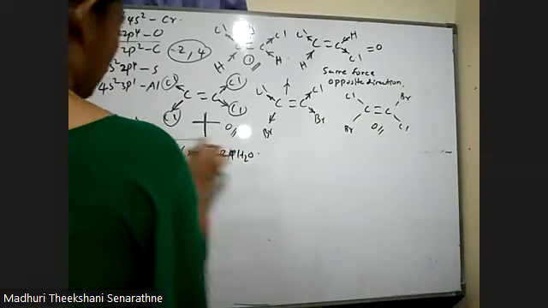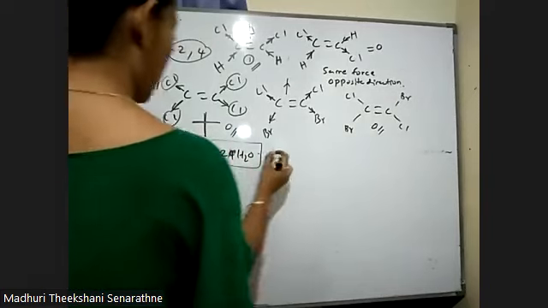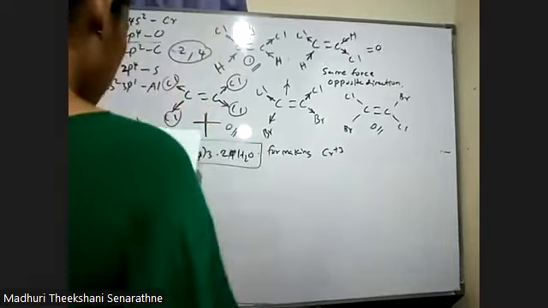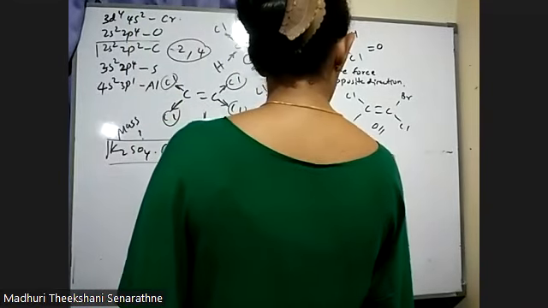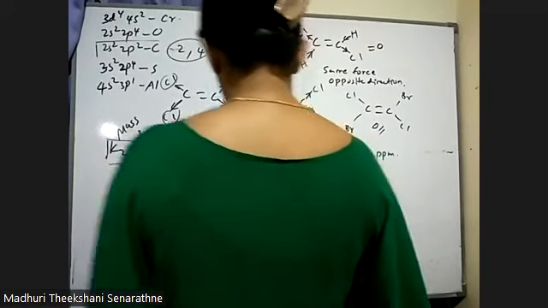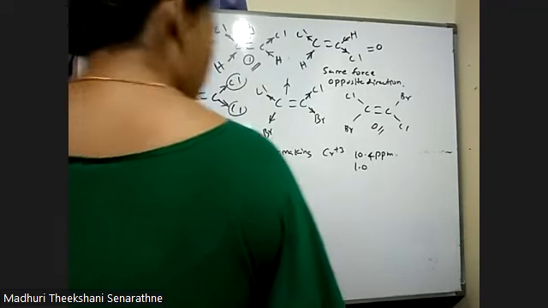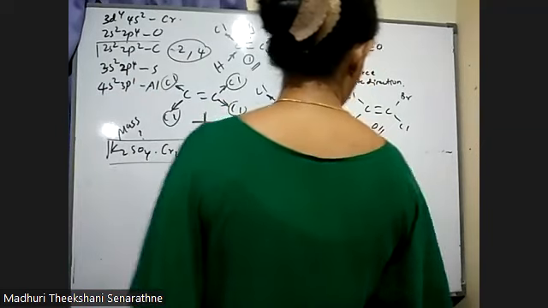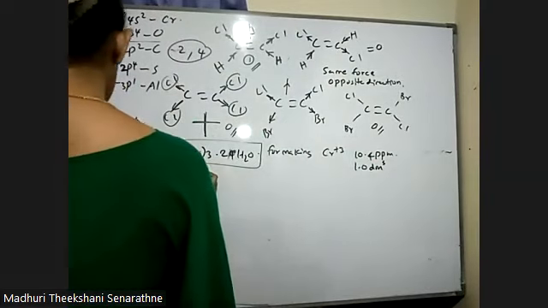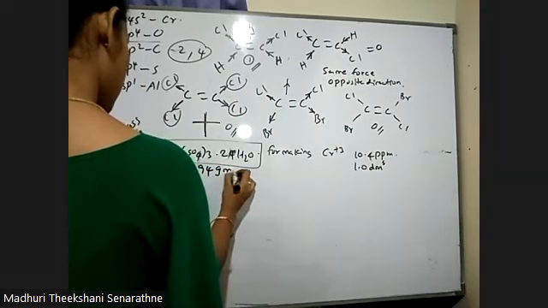What is the amount of mass of this compound needed for making a Cr3+ solution with concentration 10.4 ppm and volume 1.0 cubic decimeter? The molar mass of the compound is 894 grams per mole.